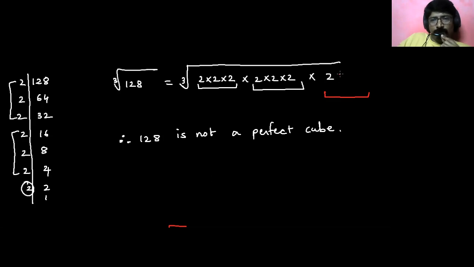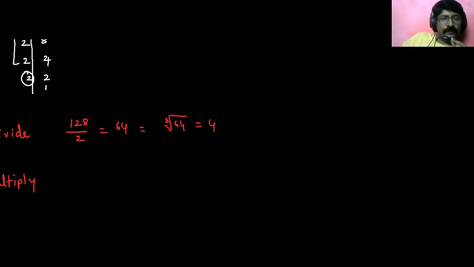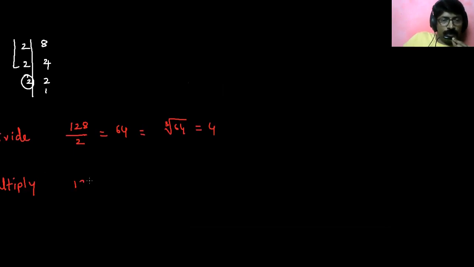So we need to multiply this by one more 2 and one more 2 so that it becomes a group of three numbers, isn't it? So 128 should be multiplied by 4. You understood? I'll write it down over here, a little down, not on this part, so that there is no confusion. So 128 should be multiplied with 4.